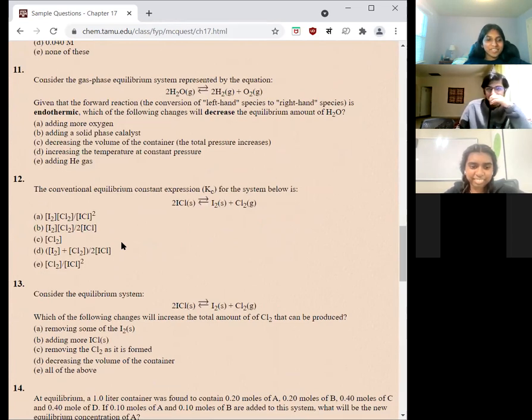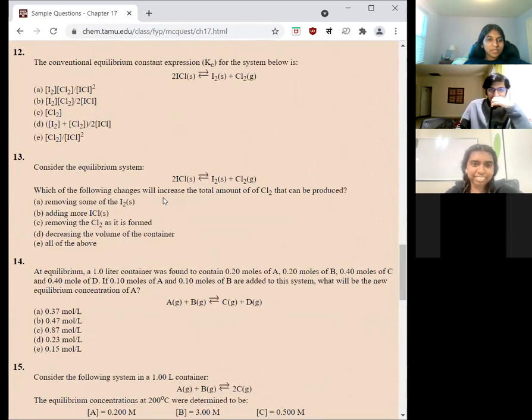Okay, so which of the following changes will increase the total amount of Cl2 that can be produced? Again, this is similar to the one we did 2 problems ago. If it's going to increase the products, that means something is added to the reactants that would push it to the products.